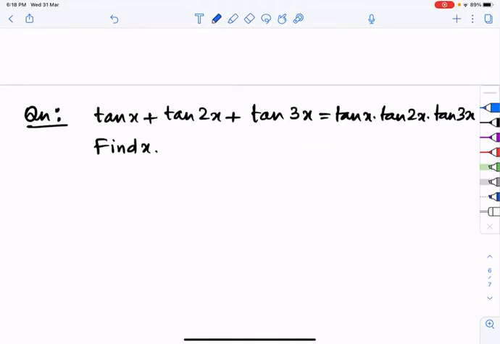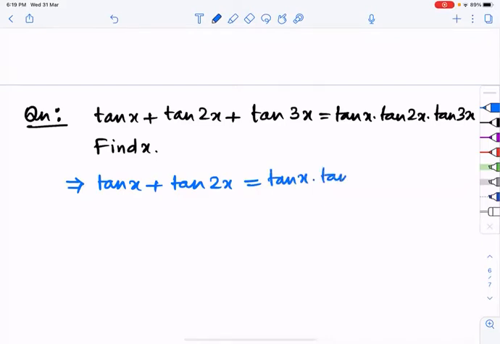Let us take it in this way, that tan x plus tan 2x, let us keep it here, and let us take tan 3x to the other side. So if I take that tan 3x to the other side, in the right hand side I will have tan x into tan 2x into tan 3x minus tan 3x.